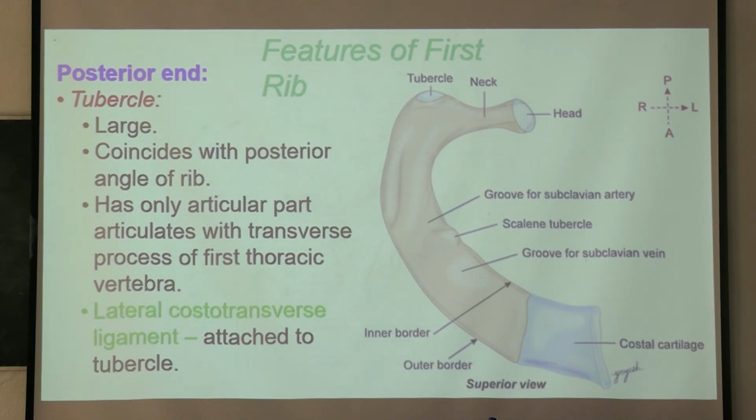In a typical rib, the tubercle is lying proximal to the angle, but in the first rib it coincides with the angle. It has only an articular part, articulates with the transverse process of the first thoracic vertebra, and the lateral costotransverse ligament is attached to the tubercle. Okay.